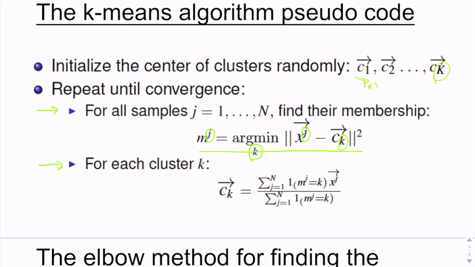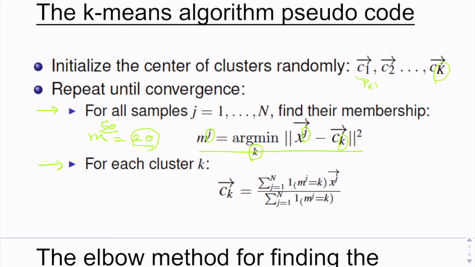So for instance, if we say M50 equals 20, that means sample 50 belongs to cluster 20. So here, k is 20 and j is 50, okay? This process is just finding the membership for each sample based on the current estimate of the center of each cluster.